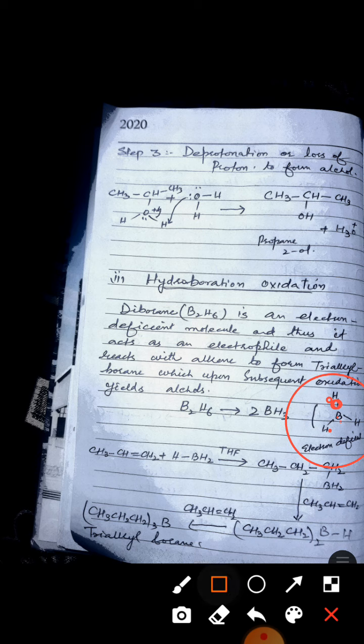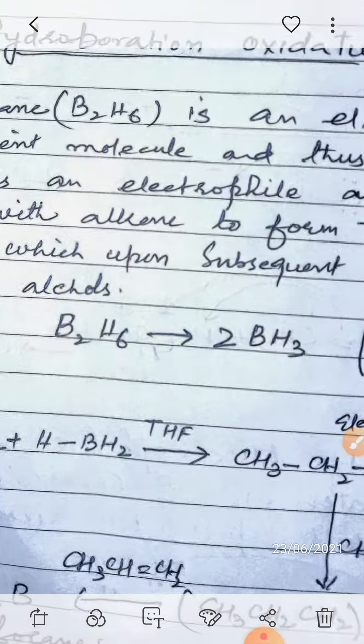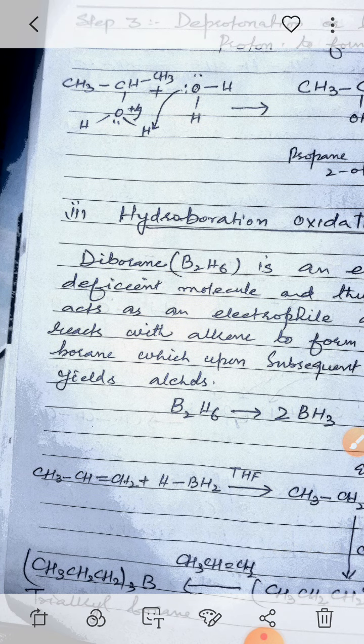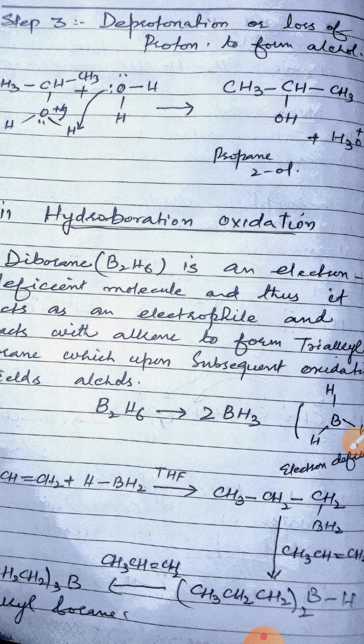इस alkene के साथ ये react करते हैं to form trialkyl borane. It forms trialkyl borane. How it forms trialkyl borane? This is our alkene, and this is the diborane, HBH2.